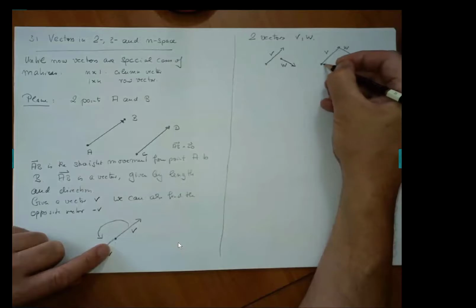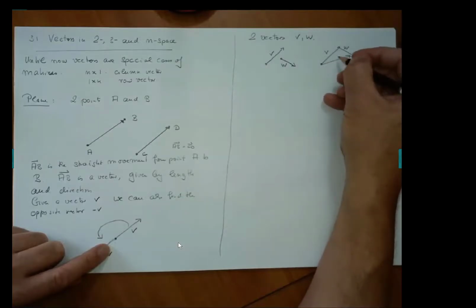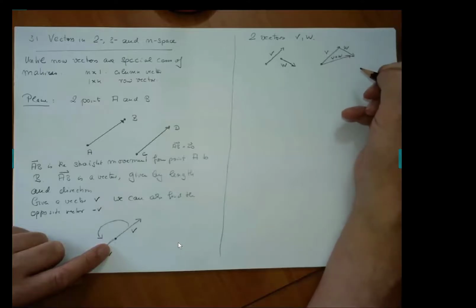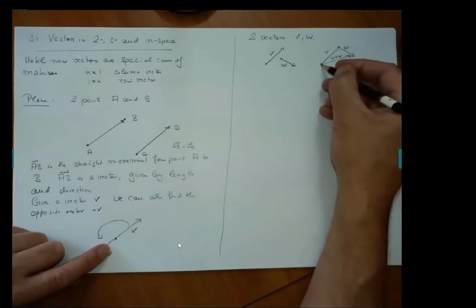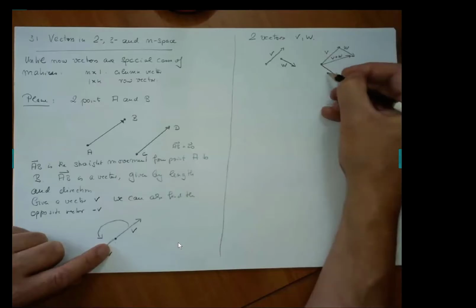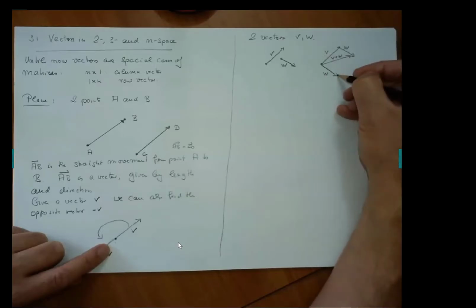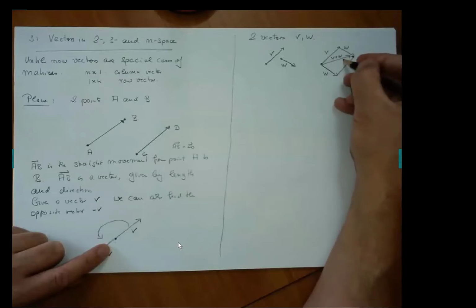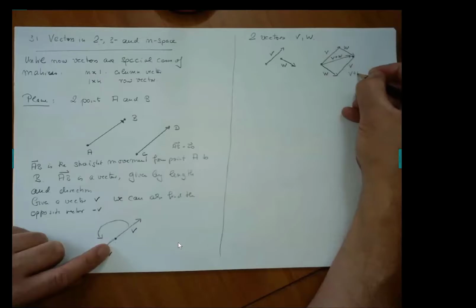And it turns out the resulting movement is also a vector, which we usually would call v plus w. Turns out, when you think about it, it really doesn't matter which one you do first. You can also do w first and then v. And you would end up at the same vector. So it turns out, just from the geometry, v plus w is w plus v.